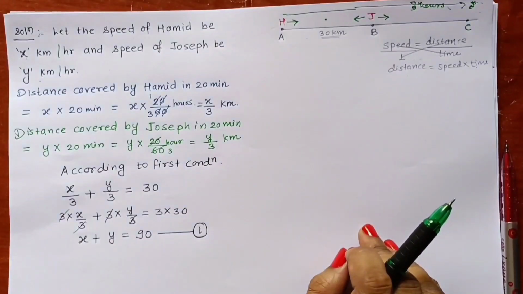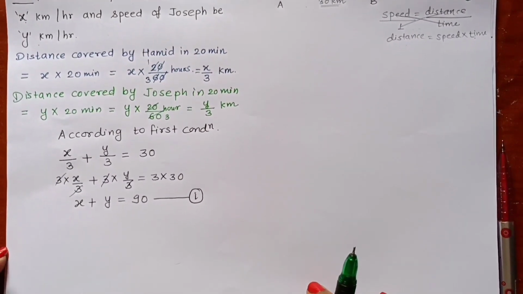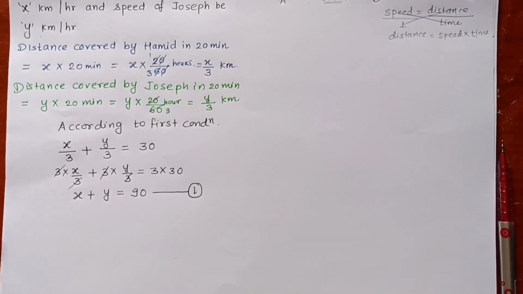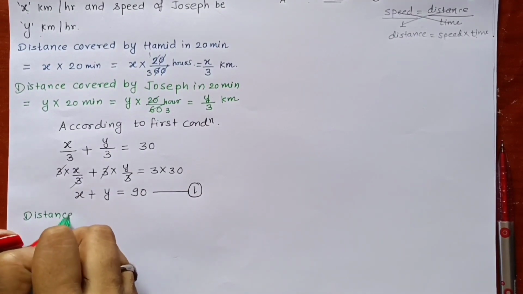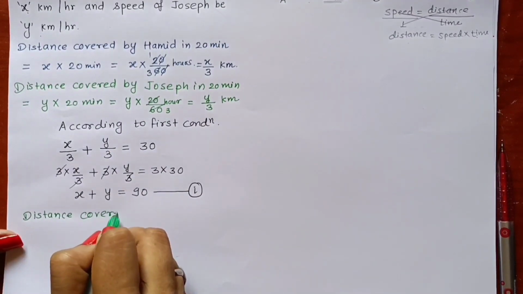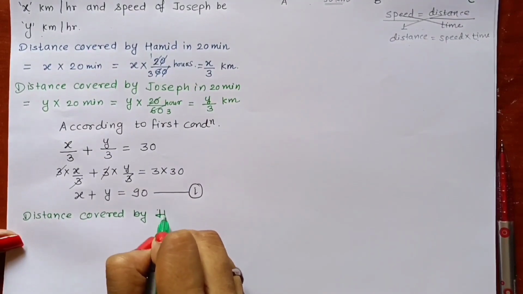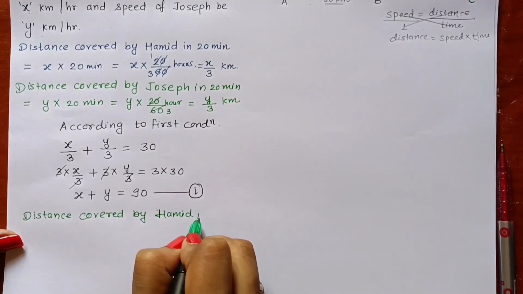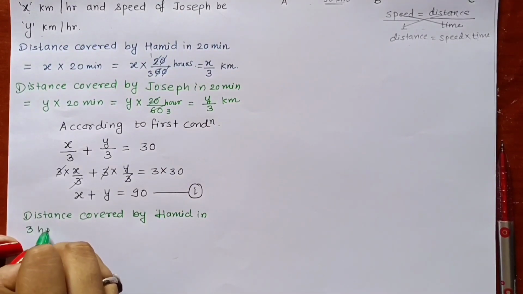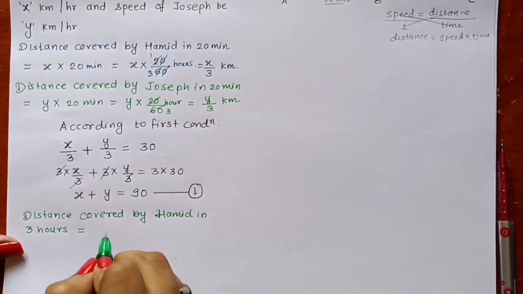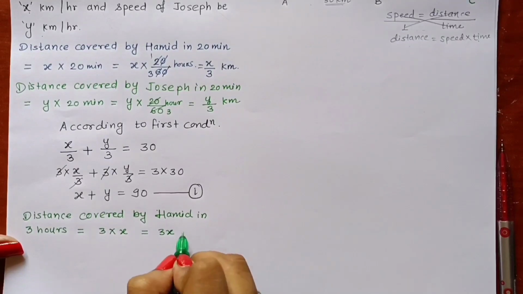So let us write the equation from the second condition. Distance covered by Hamid in 3 hours is equal to 3 into x, that is 3x kilometer.